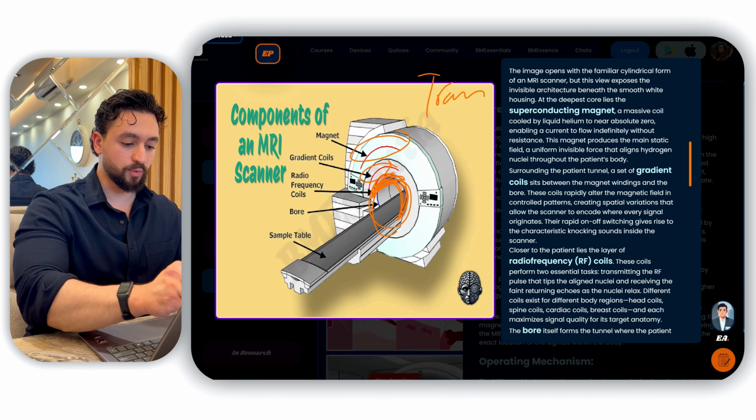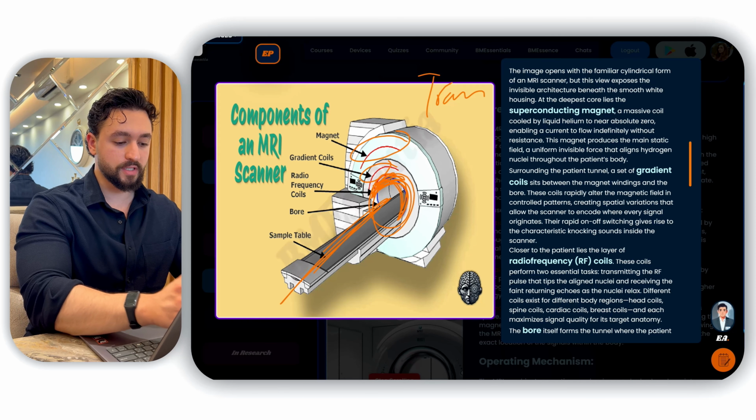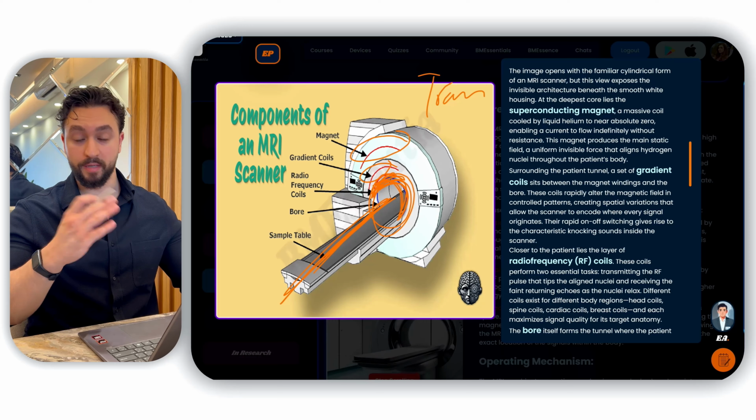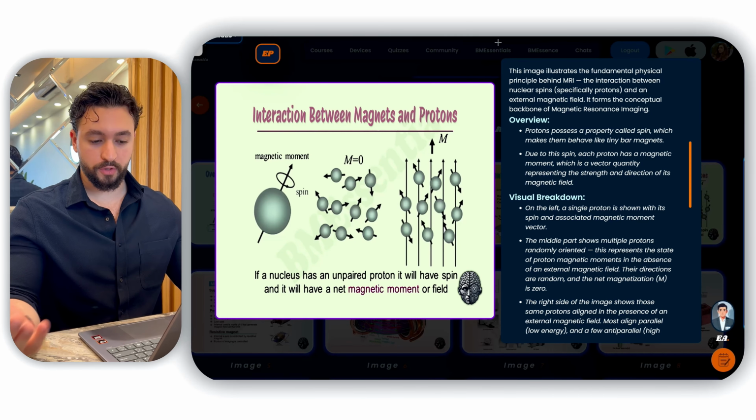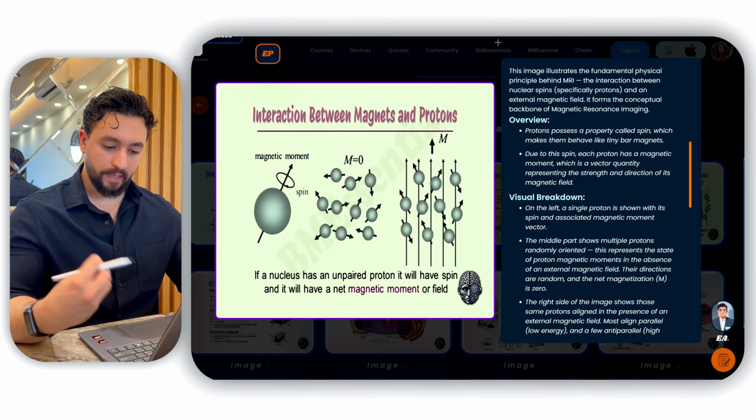And then we have the actual bore, which is the entry, and then we have the sample table, which manipulates the patient's anatomy. Now, this is all cool and we understand, but let's move a level deeper.